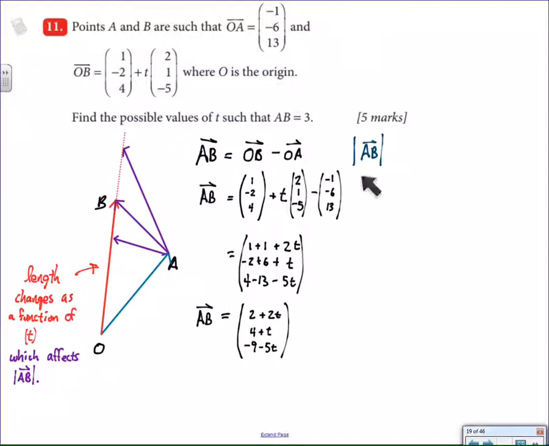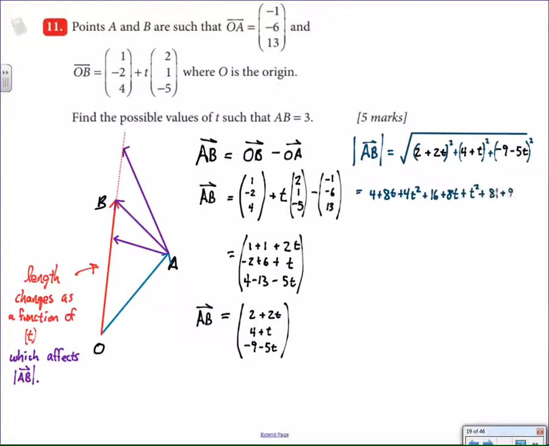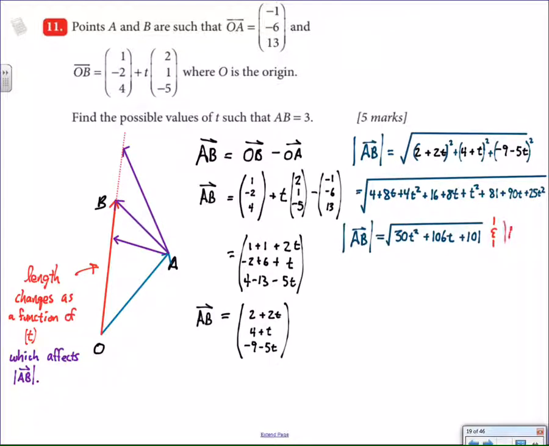The length of the line segment AB can be found notation-wise using the absolute value marker, and we want the length of that vector to be equal to 3. So it ends up giving us this massive quadratic expression underneath the radical, which can very easily be cleaned up.